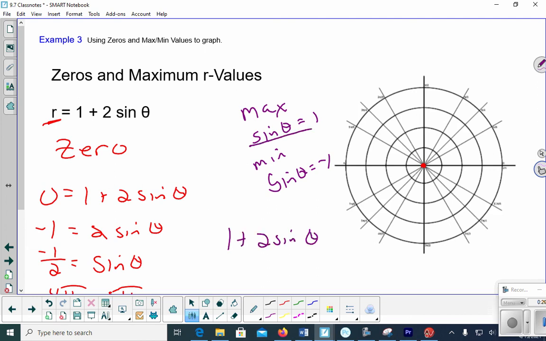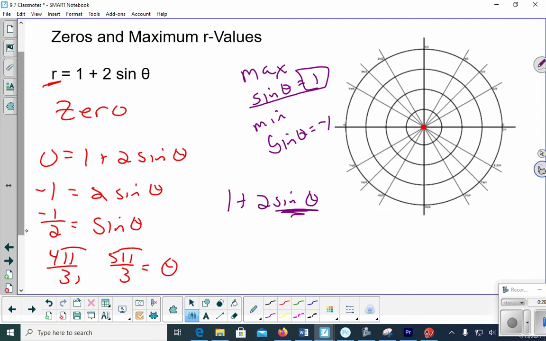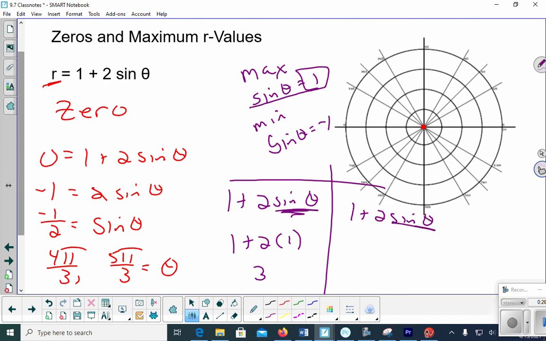I just said the most that sine theta can be is 1, so I'm going to put a 1 in here, because that's the highest that taking the sine of any angle can be. So I have 1 plus 2 times 1, and when I do that, I get 3. And over here, the lowest sine theta can be, the smallest number, is negative 1.